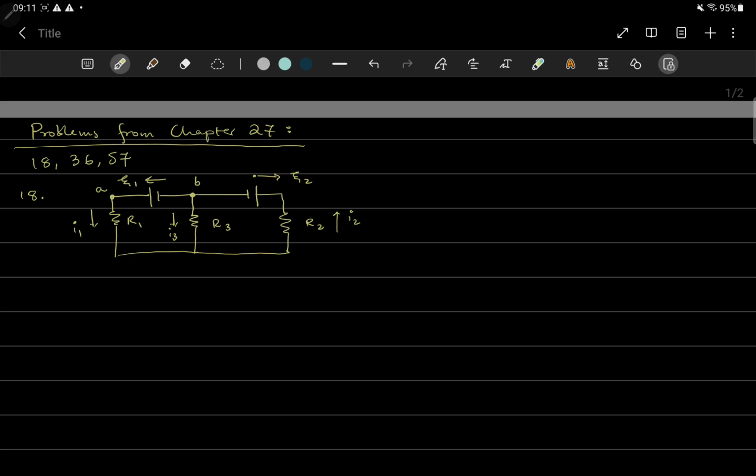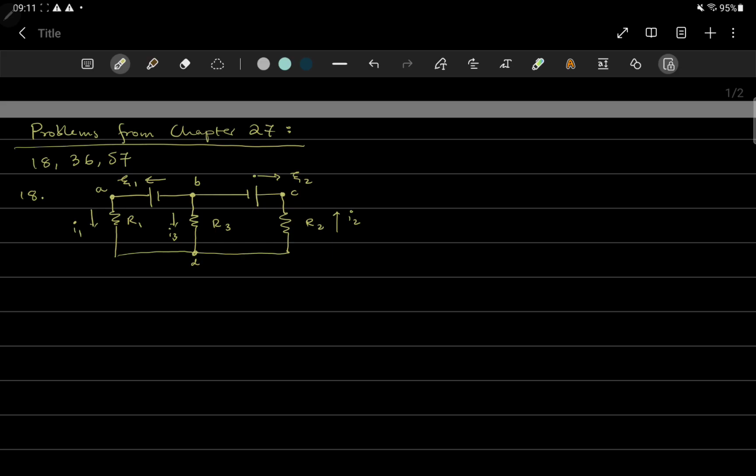Now the question states, what is the potential difference? Oh, there are another two nodes that I forgot to add, which are C and D. C is over here and D is over here.